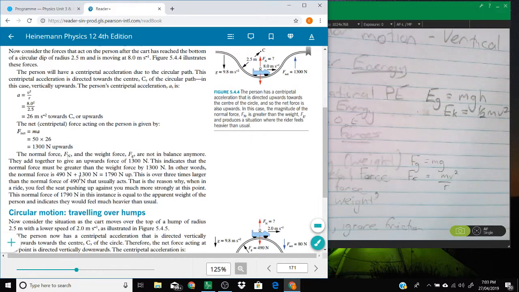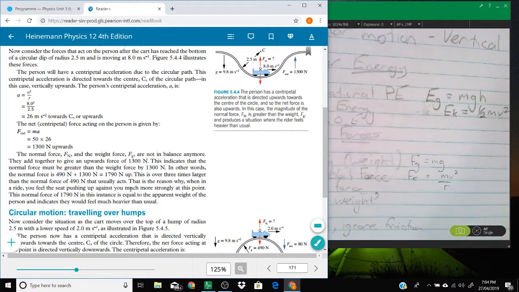What they do now is the total normal force is the force that counters the weight plus the centripetal force. So at the bottom of the dip, you combine both. You have a scalar addition of the two forces, which ends up with a total force of 1,790 newtons up. That's a lot more force than just the weight force otherwise.